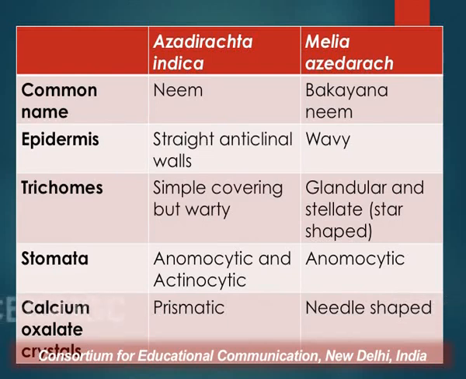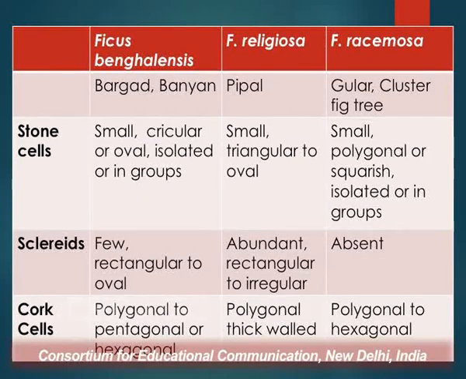Stomata is anomocytic and actinocytic in case of neem, whereas it is only anomocytic type in case of Bakain neem. And common neem, that is Azadirachta indica, is having prismatic calcium oxalate crystals, whereas Bakain neem is having needle shaped calcium oxalate crystals.